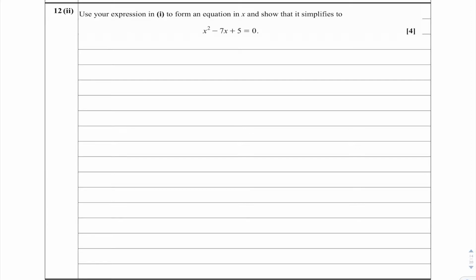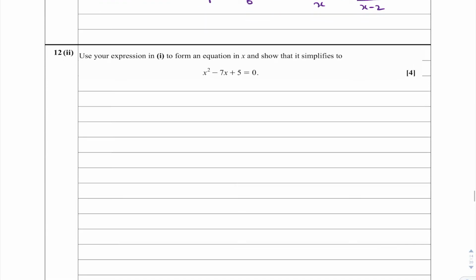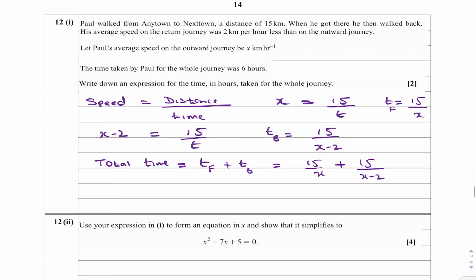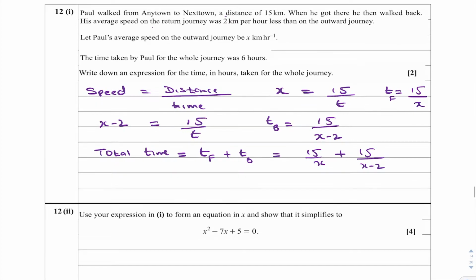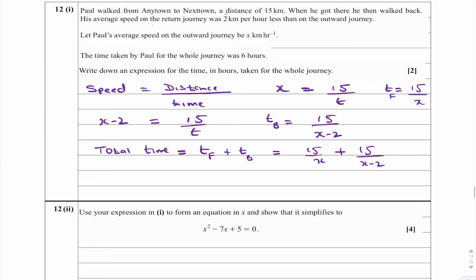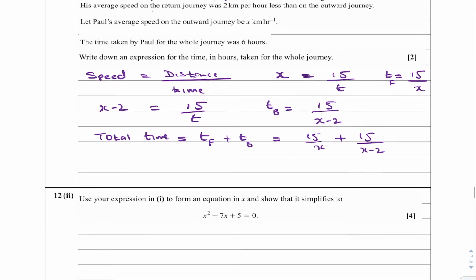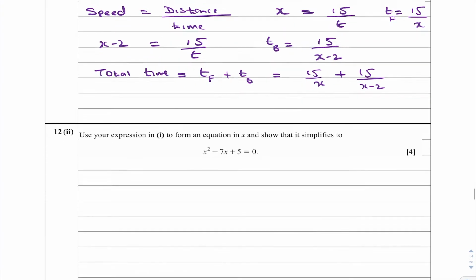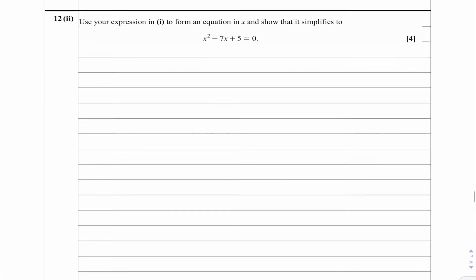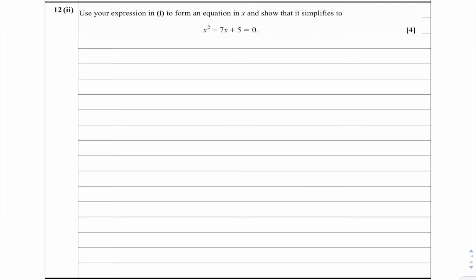From the expression we got earlier, and the fact that the total time taken by Paul for the whole journey equals 6 hours, we have 15 over x plus 15 over x minus 2 equals 6.